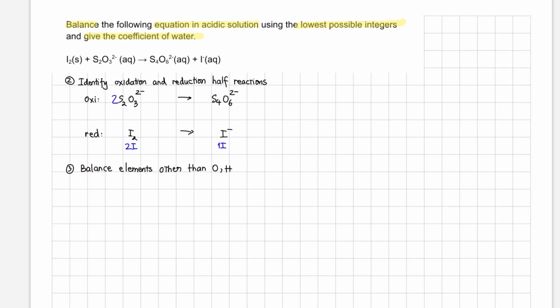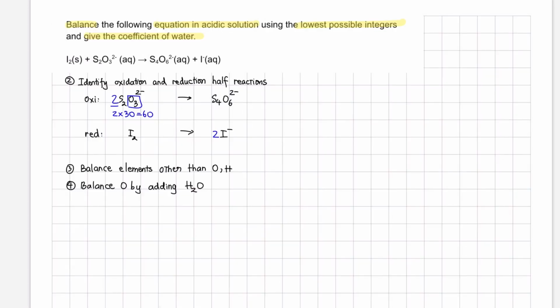Now let's look at the reduction half reaction. We have 2 iodine on the left and 1 iodine atom on the right. To balance it out, we'll need 2 I minus on the right, so that both sides have 2 iodine atoms.